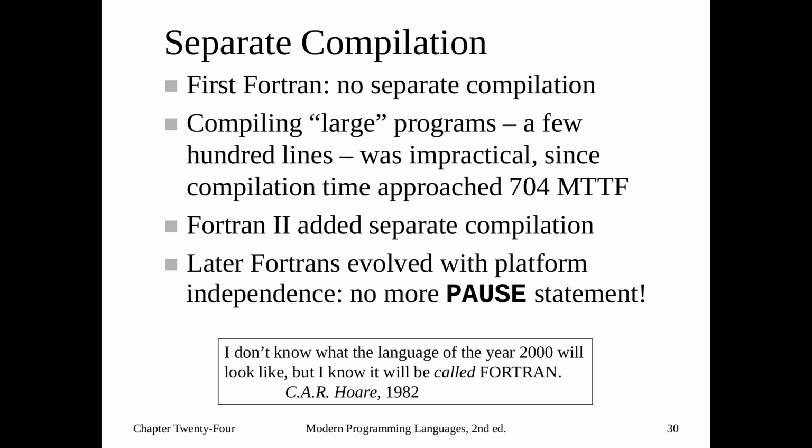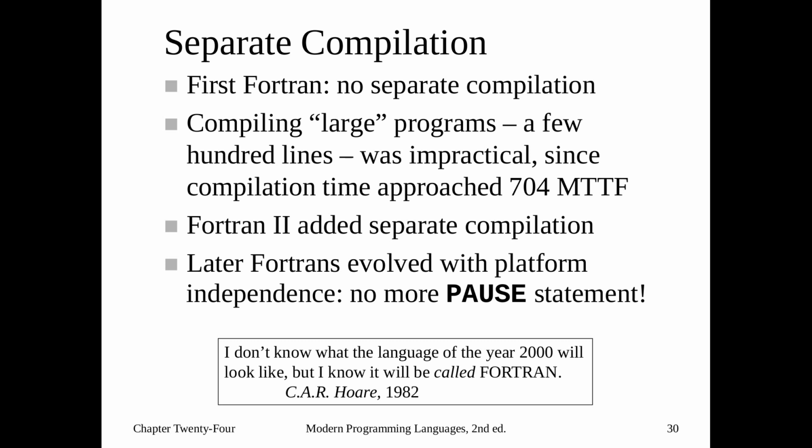The reason is that when you're doing compilation, the IBM 704 system had a mean time to failure, and if you had large programs, it would step over that boundary and then fail. So what Fortran 2 did was add the capability of separate compilation.